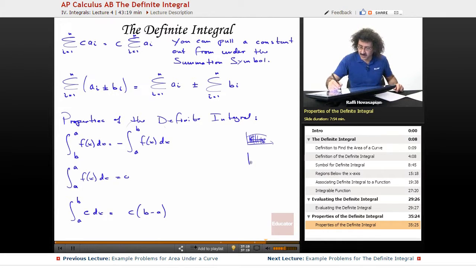All this says is, if I have a constant function from a to b, the integral is just the value of c, which is this height, times this distance, the area. Or it could be negative, because again, it's just the integral. So areas can now be negative. We've introduced this notion of a negative area. It's not a problem.